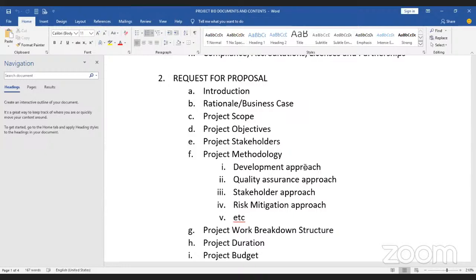So you may not have need of breaking them down differently, except you're using a word processing app or software like Microsoft Word. Then you may have to break it down. Okay, or you use tables. Okay, so this is that about proposal.